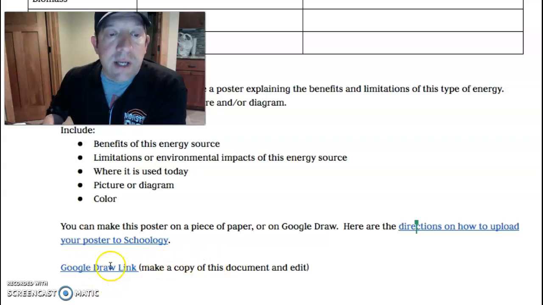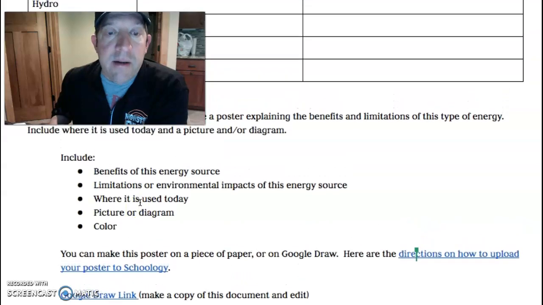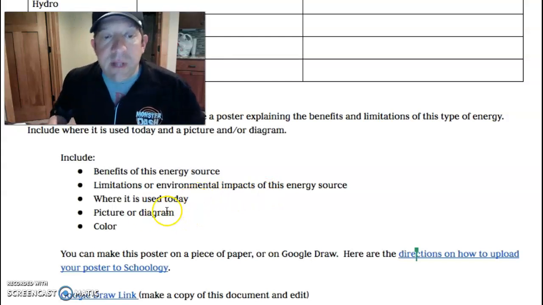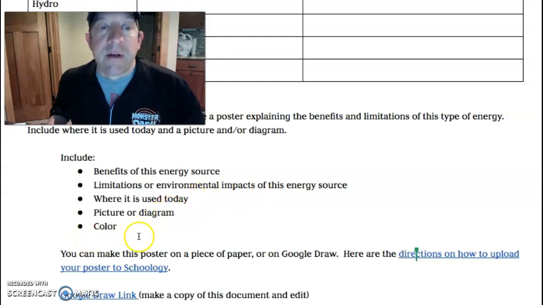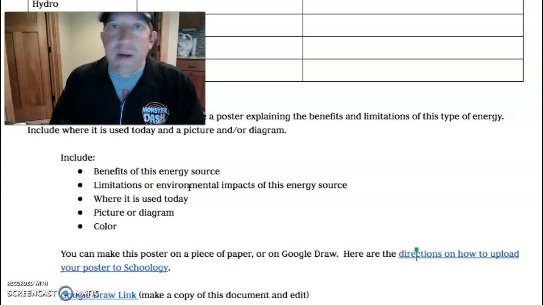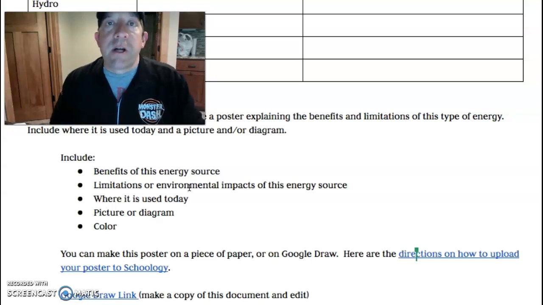So if you click on this Google Draw link here, you're going to make a copy of that. Everything there would be digital. So you would simply insert a picture from the internet, and then you would just write down your limitations, environmental impacts, where it's used today, include that picture. Obviously it'll already be colored there, and list the benefits of the energy source. So you have a couple of options, either do it by hand as a poster project or using that Google Draw link.